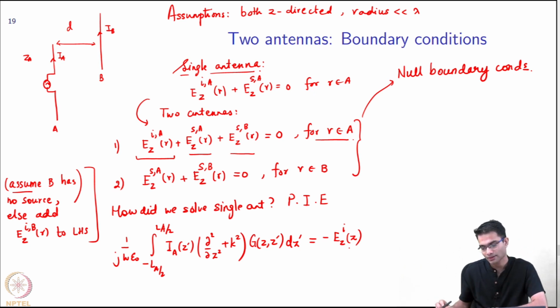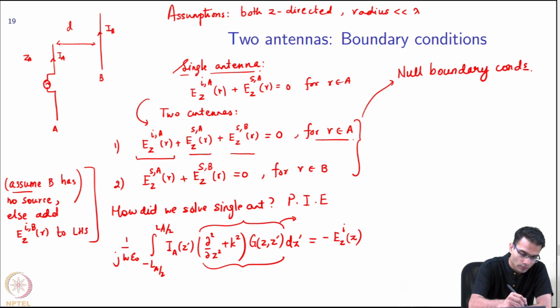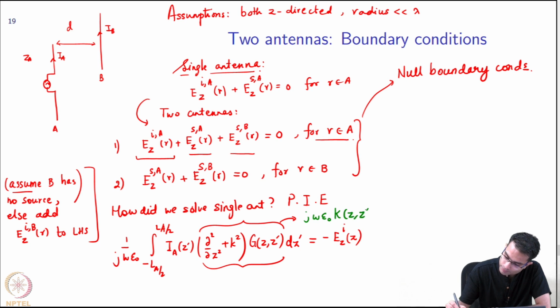Now, this character over here is going to appear many times. So, I am going to make a shorthand notation for it. This term over here, I am going to call it j omega epsilon naught times K(z, z'). Just a shorthand notation for this term.